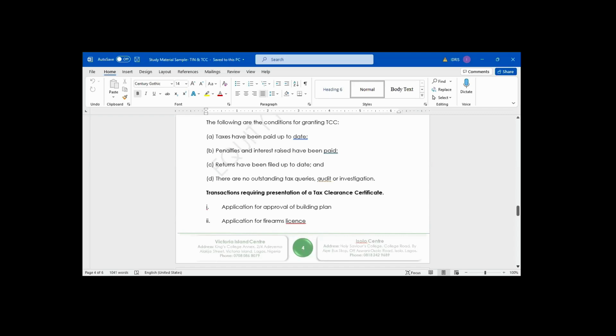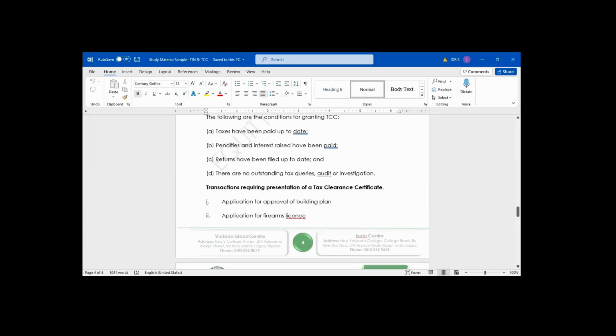If you want to collect tax clearance certificate, what transaction do we use tax clearance certificate for?